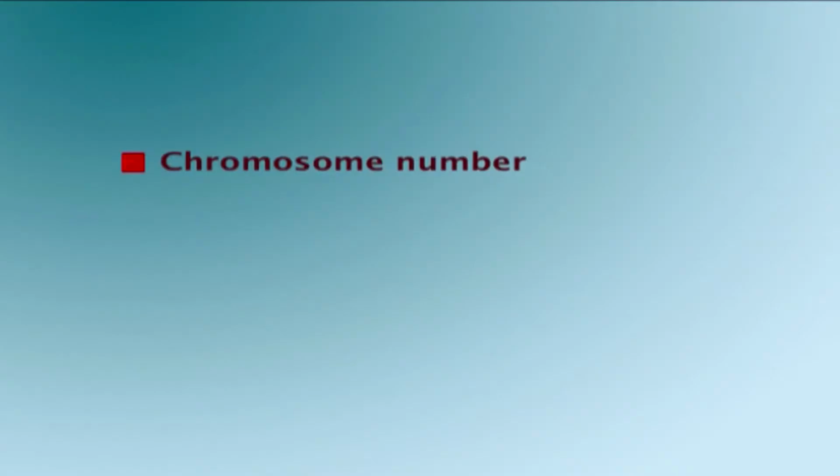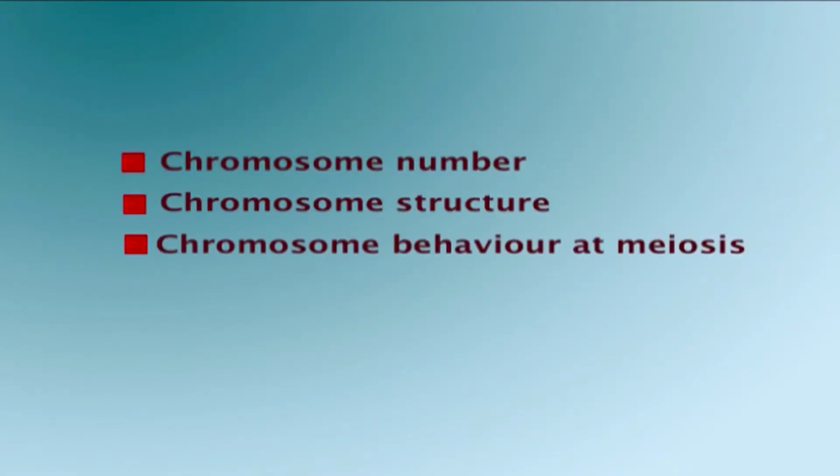The characteristics of the chromosomes which have proved to be of taxonomic value include chromosome number, chromosome structure, and chromosome behavior at meiosis. First, the chromosome number. Chromosome number is an important taxonomic character as it is probably one of the most constant single features employed.